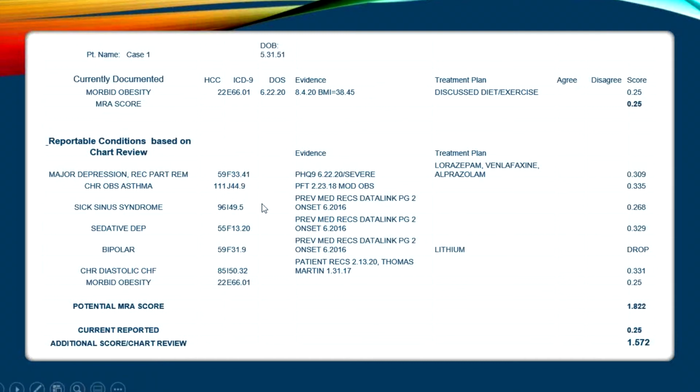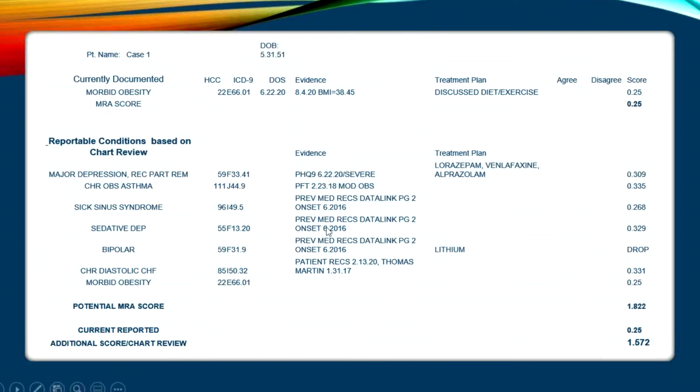However, once I went through the chart, I found that there was major depression. There was a PHQ-9 on 6/22 of 20 that the score came up severe depression, chronic obstructive asthma. There was a PFT on file back in 2/23 of 2018 that indicated moderate obstruction. There was sick sinus syndrome that I found on previous medical records.